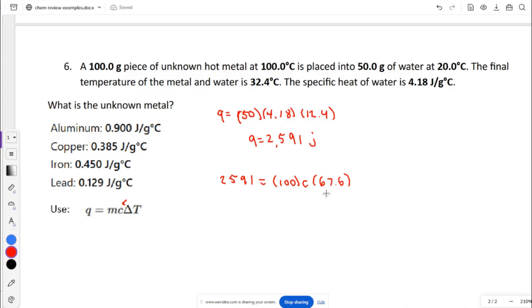So now on the left side, 100 times 67.6, I should be able to do this in my head. It's going to be 6,760. C, don't forget C, we're solving for C, equals 2,591. Now to get C by itself, I'm going to divide both sides by 6,760.